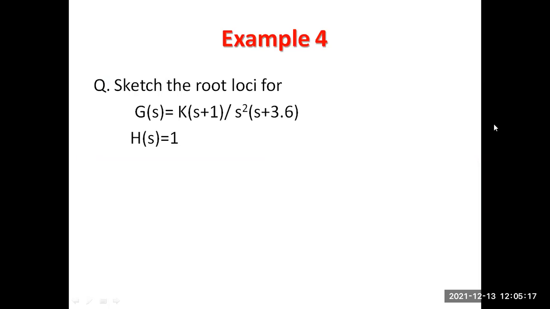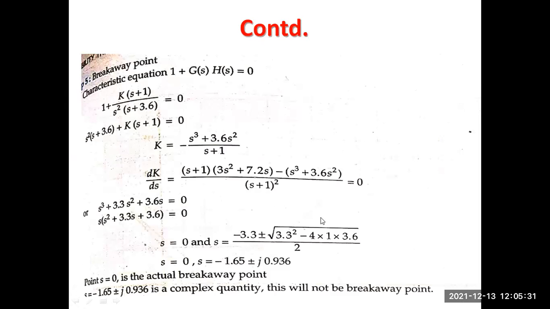Sir, s equal to 0. Yes, sir. And s equal to minus 1.65 plus minus j 0.93. Okay. So we need to cross check whether it should be the breakaway point or not.